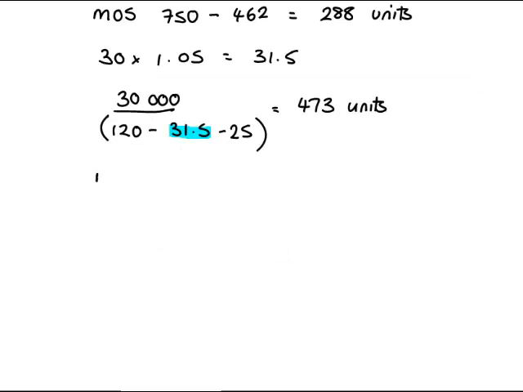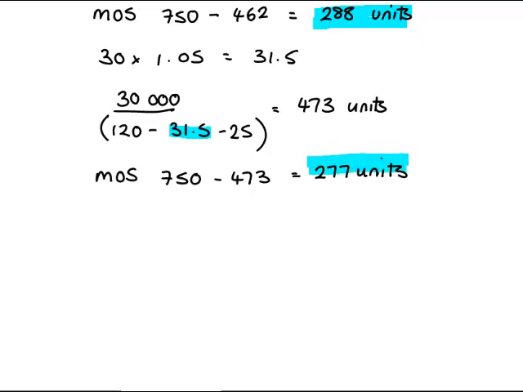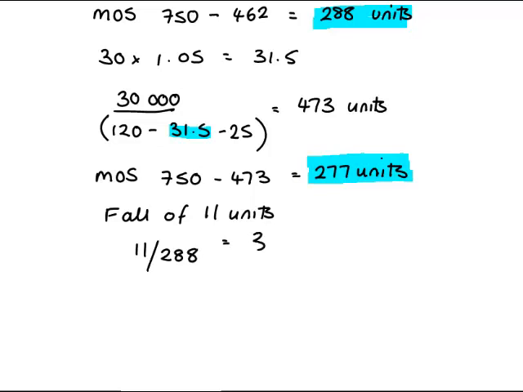So the revised margin of safety is 750 minus 473, which is now 277 units. We need to calculate what the impact is. It's gone from 288 to 277, so we have a fall of 11 units. As a percentage of the original 288, that's 3.8%.